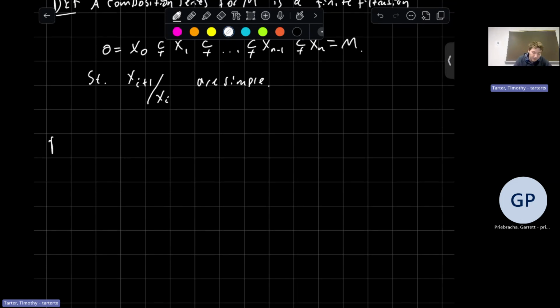Anyway, so then a definition: if M has a composition series, M has finite length.